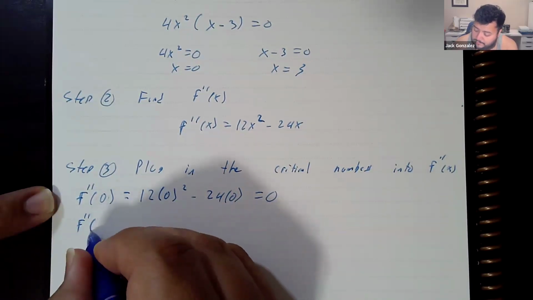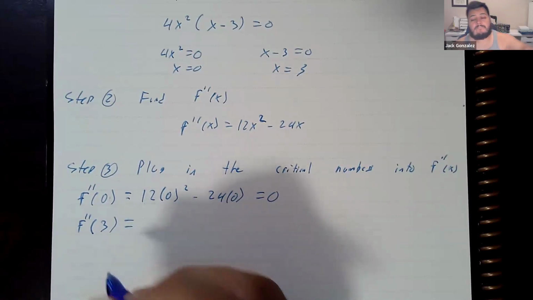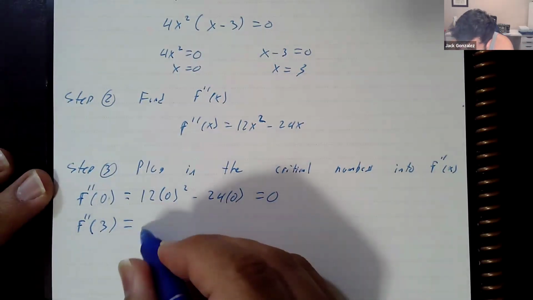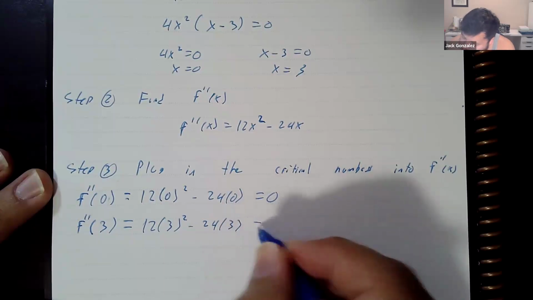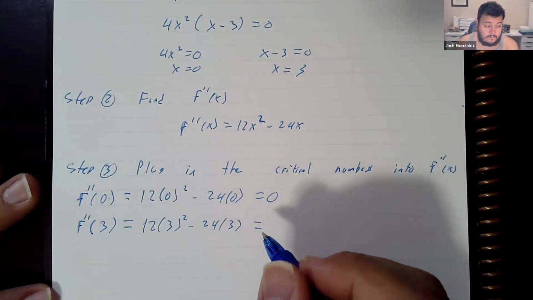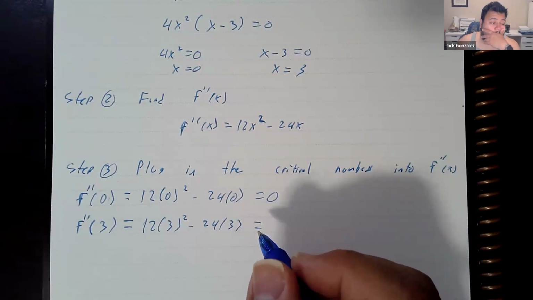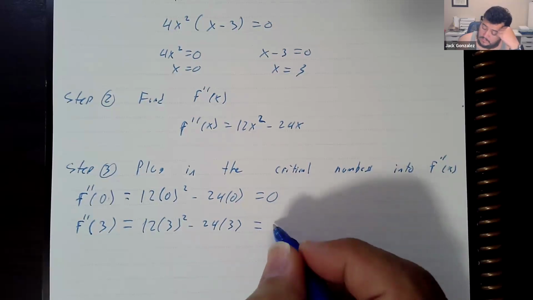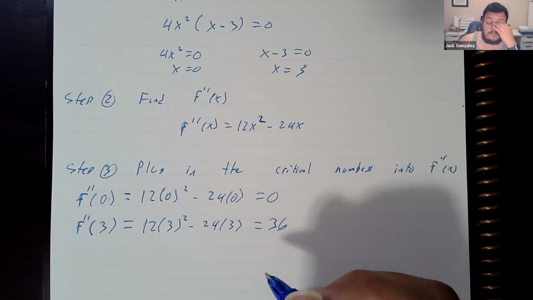So let's plug in 3. That will be 12 times 9 minus 24 times 3, which is 36.